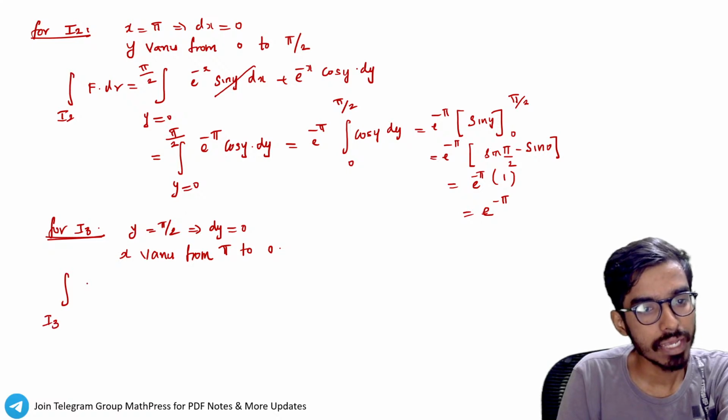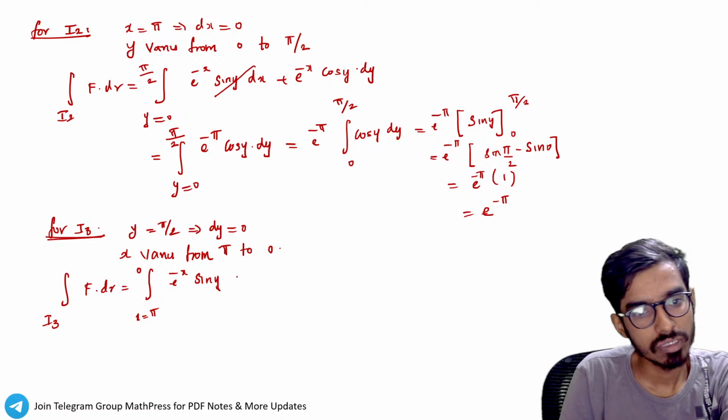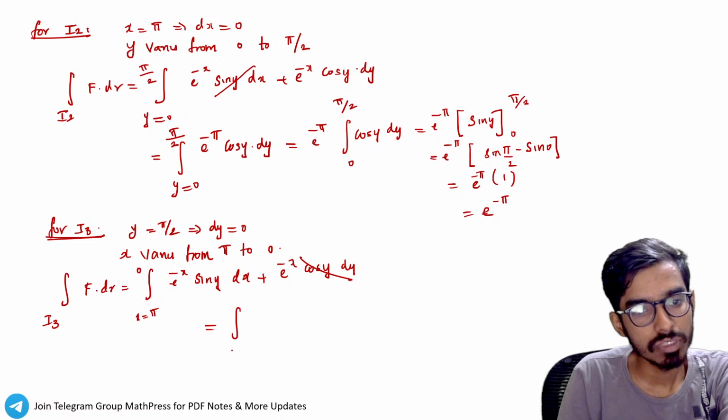Therefore, the integral over I3 of f dot dr will be x varying from pi to 0 of e power minus x sin y dx plus e power minus x cos y dy. So dy is 0, so this term will vanish. Y is equal to pi by 2, so this will be the integral from pi to 0 of e power minus x sin pi by 2 dx.